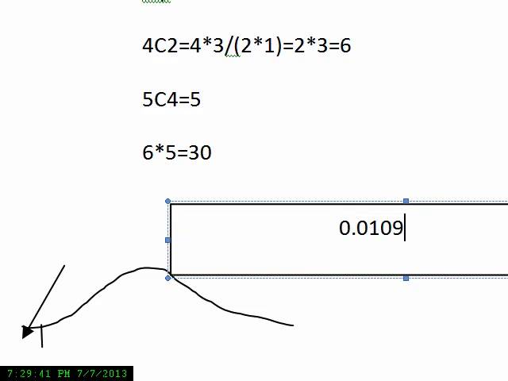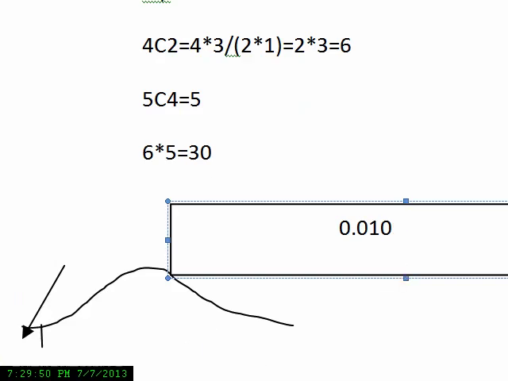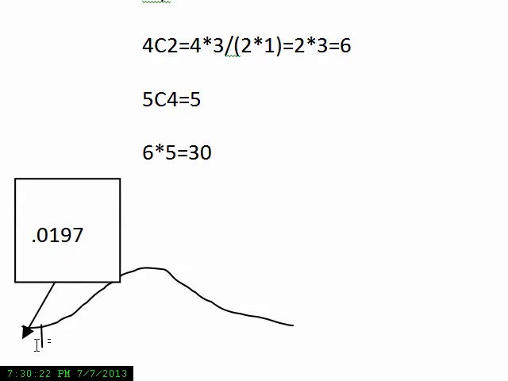Matter of fact, I'm not sure if it was 0.019. Let me double check. Here it is, 0.0197. So it's saying that this area here on the left is 0.0197. So if this area to the left is 0.0197, I need to know the area to the right in order to get the Z box.